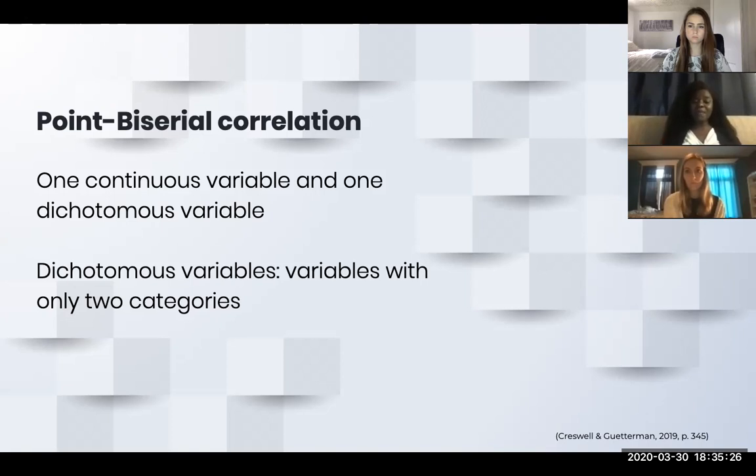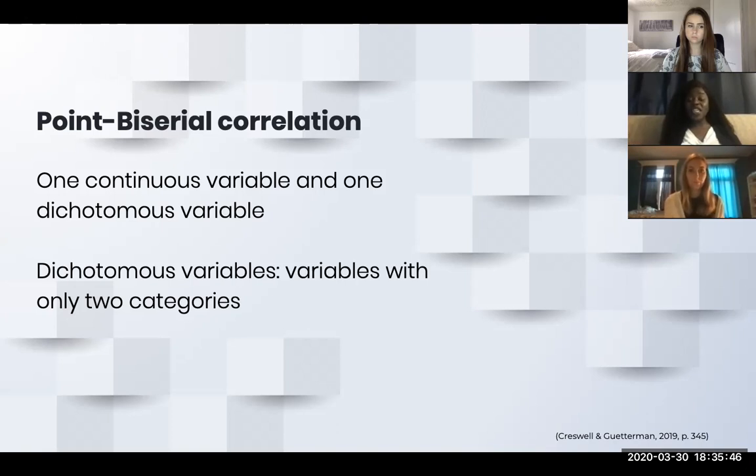So as an example, let's say that a researcher wanted to determine the association between cholesterol concentration, which is measured in millimoles per liter, and smoking status.